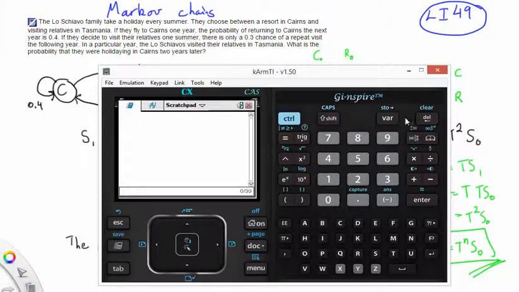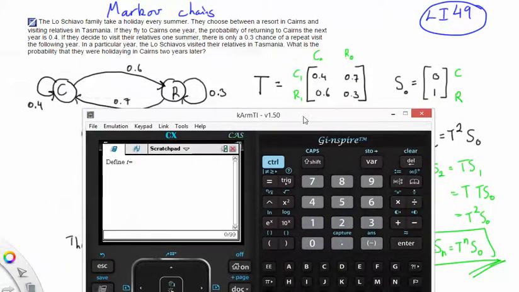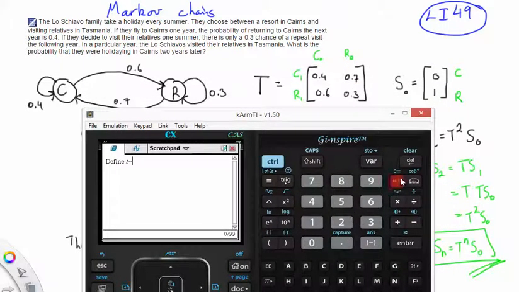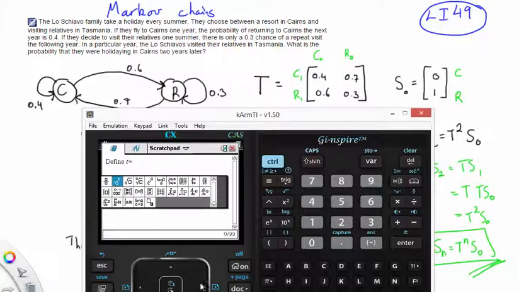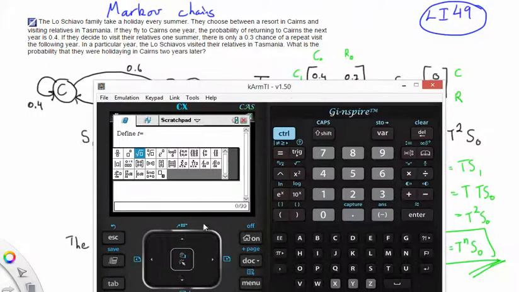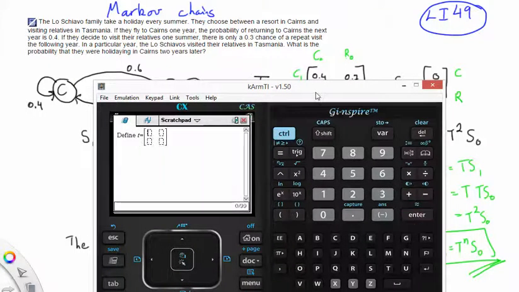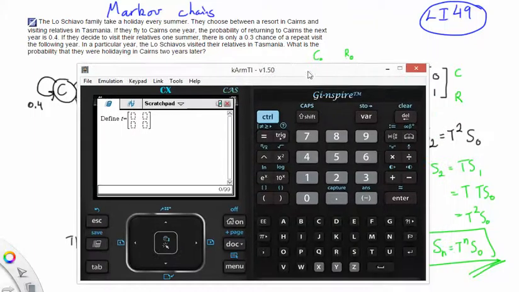Menu 1-1. Define T equals, and we want to get a 2 by 2 matrix up. So we've got 0.4, 0.7, 0.6, 0.3. Done. We've defined T.